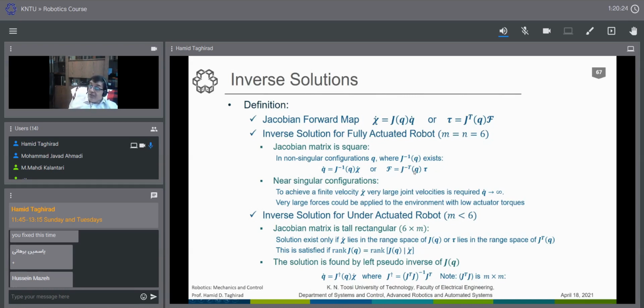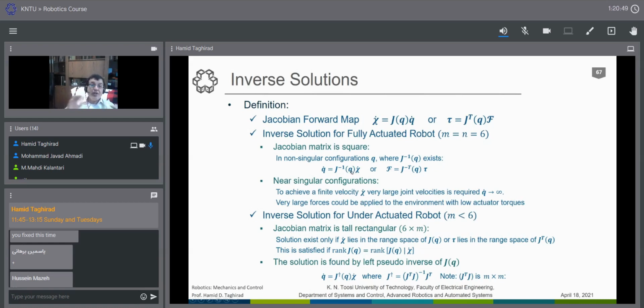But in terms of force, what does that mean? This is also very, very interesting. This is very bad, but this is very good. Very large forces could be applied to the environment with low actuator torques. Again, if J is singular, J transpose is singular as well.